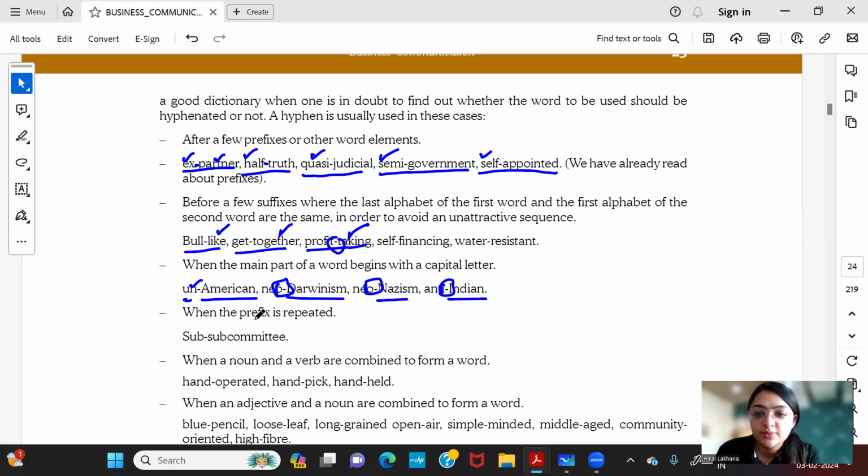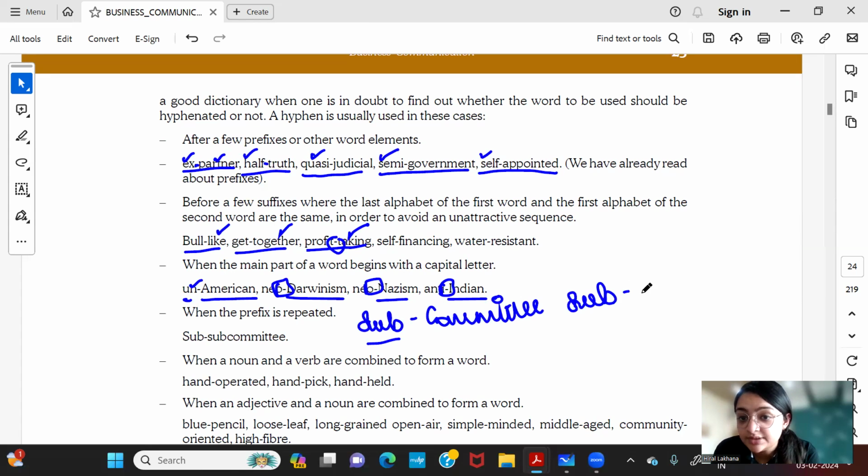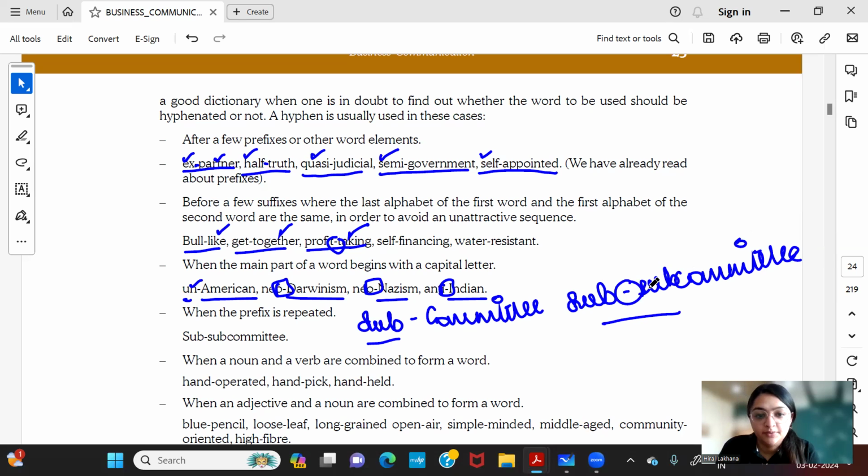And similarly in the case when the prefix is repeated, so we can say subcommittee. Further, if the sub is repeated twice, so under the subcommittee, there is another subcommittee, then between these two repeated words, we insert a hyphen.